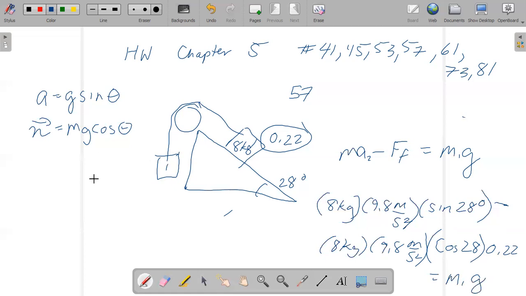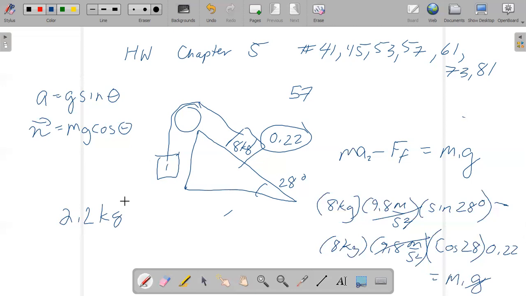So M1 is going to equal, if you do all the math here, well, we can always take all the g's out, 2.2 kgs.